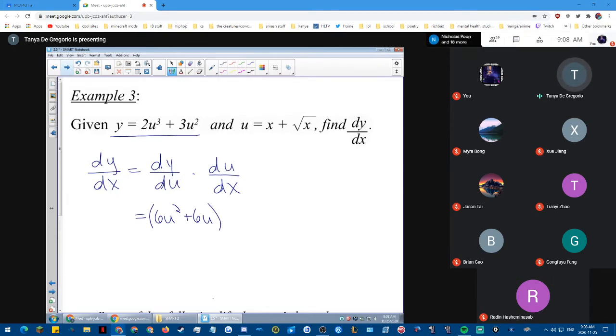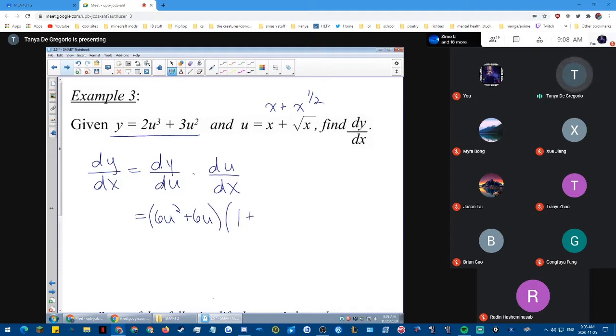Well, for du dx, I'm going to change its form before I take the derivative. It's x plus x to the 1/2. So who wants to take the derivative for me? John, you want to do it? Derivative of this. So derivative of x will just be 1.